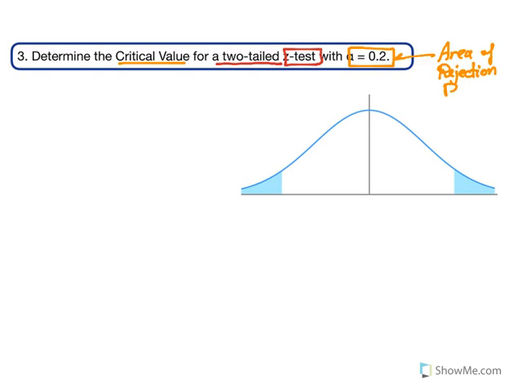And in this case, notice that we have two critical values. We have this one, we can call it critical value 1, and this one here, which we can call critical value 2. They will be negatives of each other, of course.